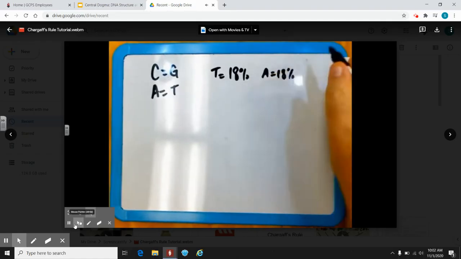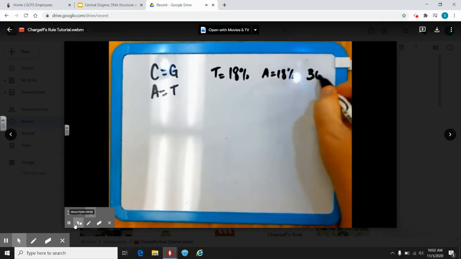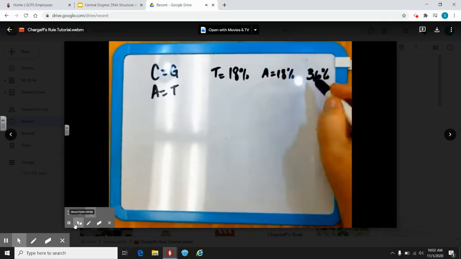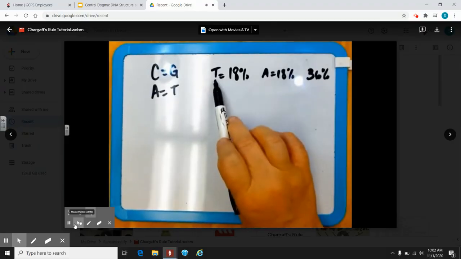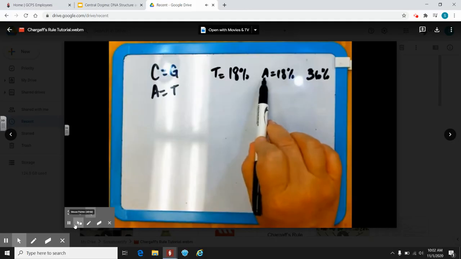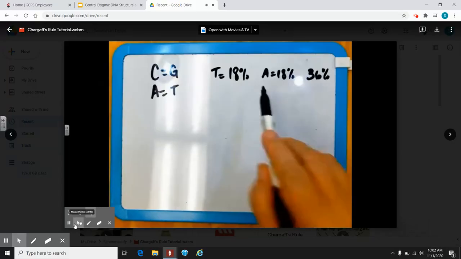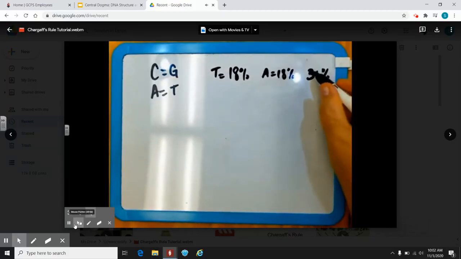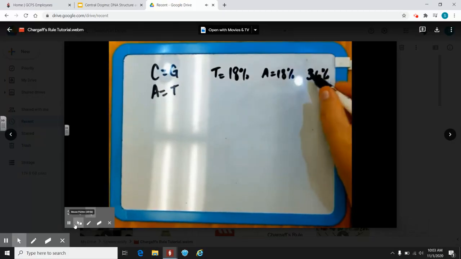And 18 and 18 is 36. That means 36% of the DNA molecule is made up of A and T. Okay? So the rest of the DNA molecule must be G and C. Okay? So just do 100 minus 36.